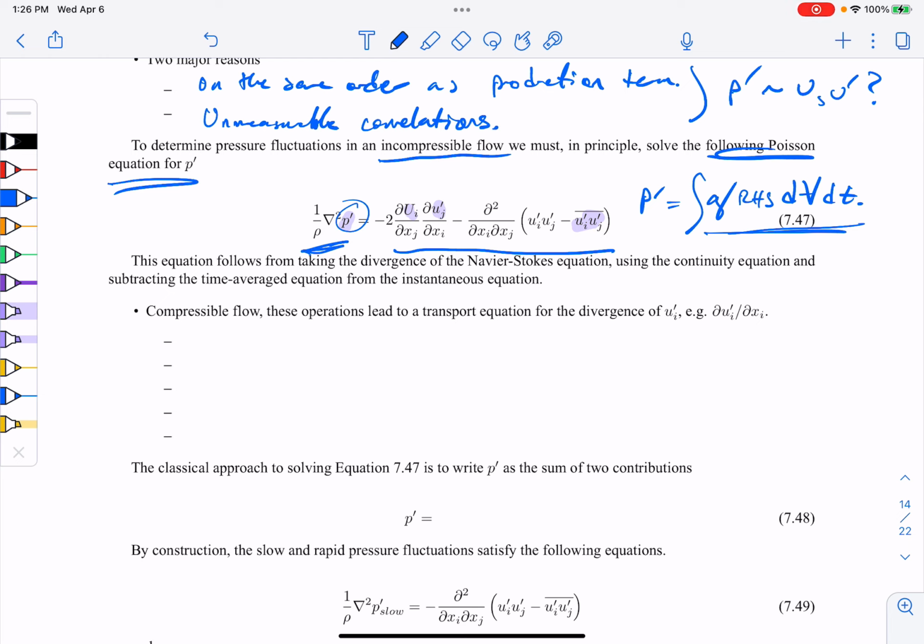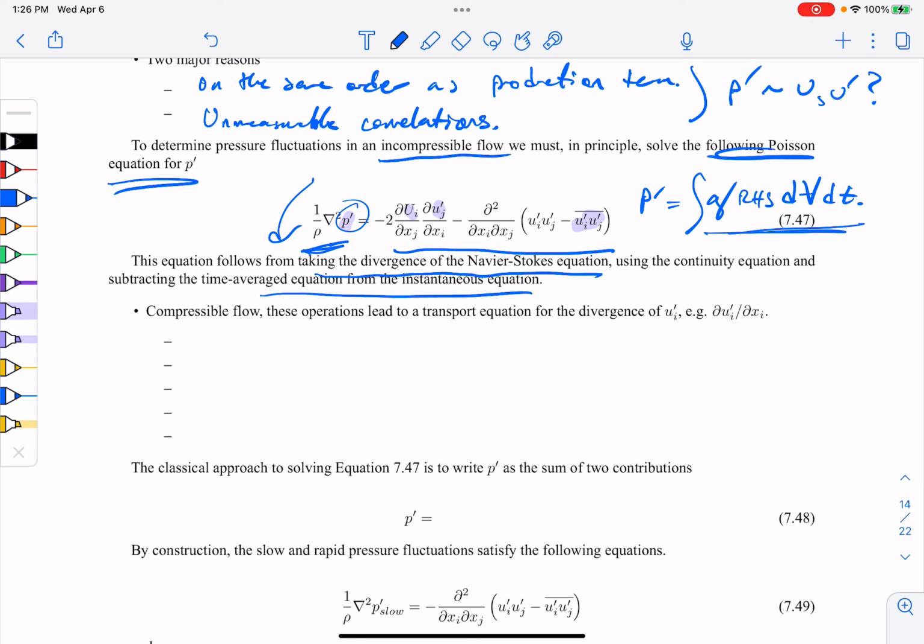So we can do this, and this equation, mind you, which I didn't mention its formulation, is from the divergence of the Navier-Stokes equation, and then using the continuity equation and subtracting the time average from the instantaneous resulting equation. Now, in compressible flows, these operations will lead to a transport equation for the divergence of u prime, that is, partial ui prime partial xi.